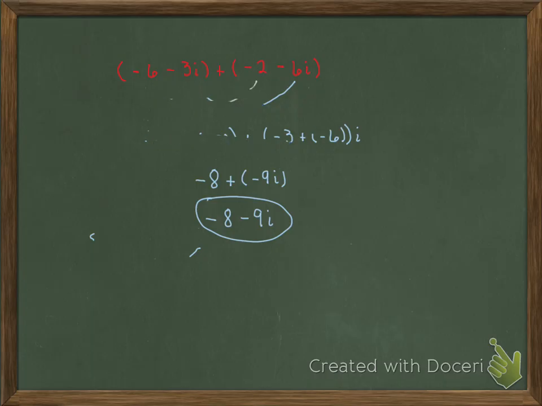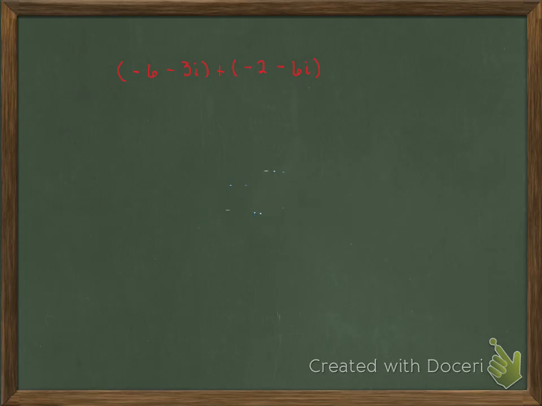So we're going to keep these same two complex numbers, and instead of adding them together, we are going to subtract them. So we'll have a minus sign in between. Now, you have to be aware that when you subtract, that's the same thing as distributing in a negative 1.